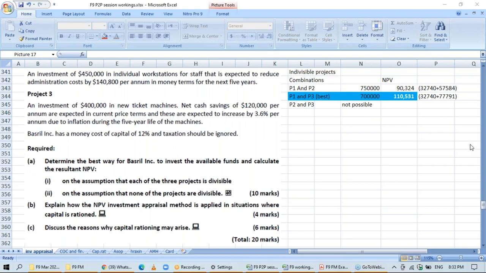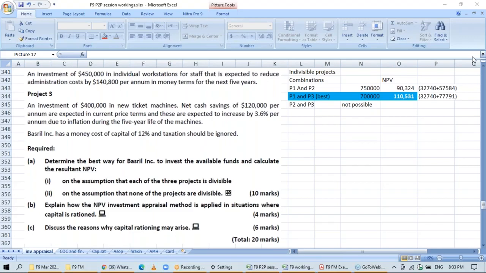So let's discuss how they will treat them. We have already discussed a few points regarding this in the last class, that when there is a capital rationing situation and funds are short, there are two types of projects. One of them is a divisible project and the other one is an indivisible project.